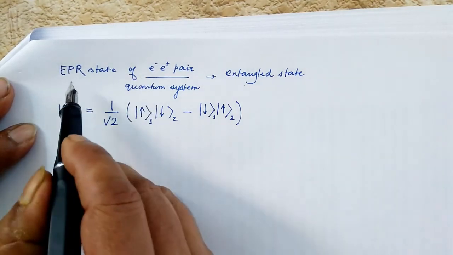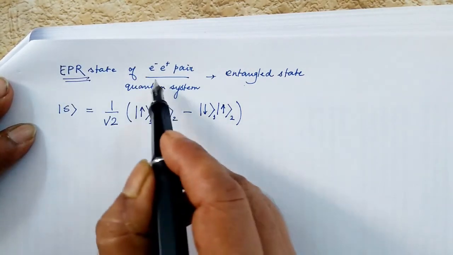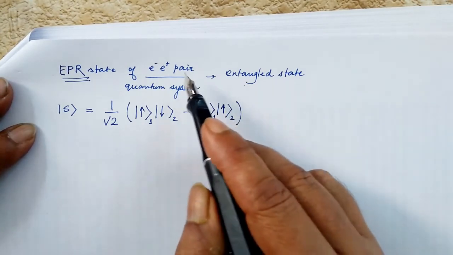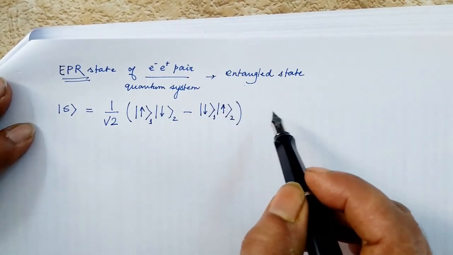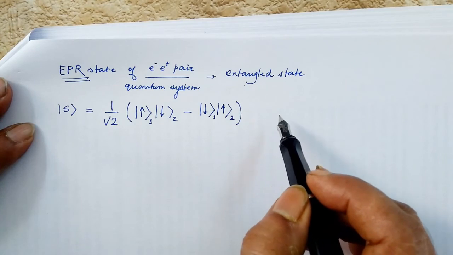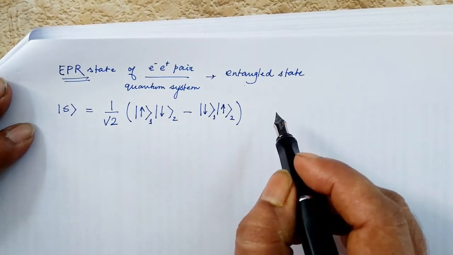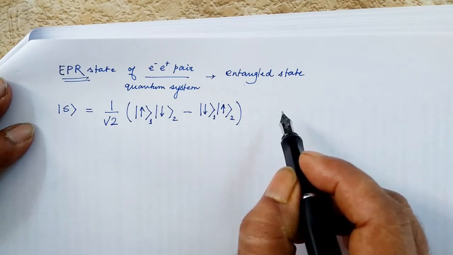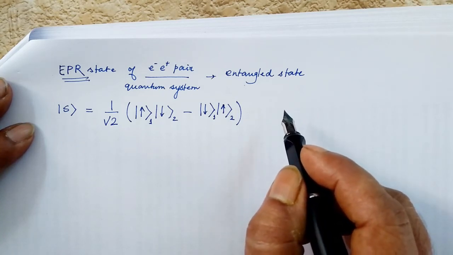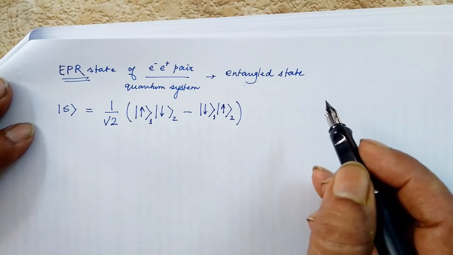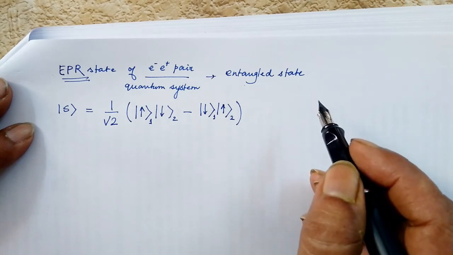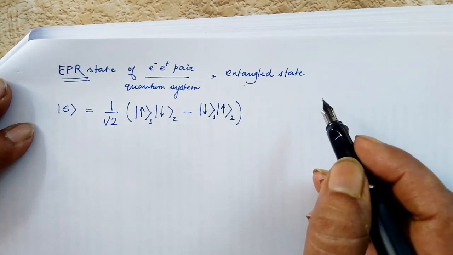Okay, so in the EPR case, we have shown that these two particles, the electron-positron pair, are rapidly flying apart. Right? So these two particles rapidly flying apart means these two particles are distinctly two different entities.